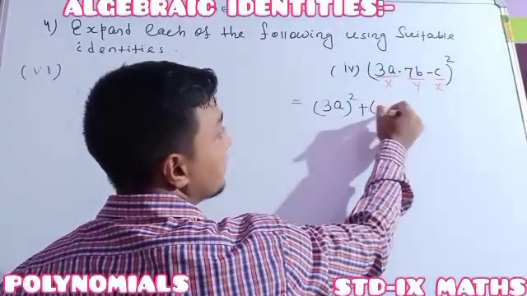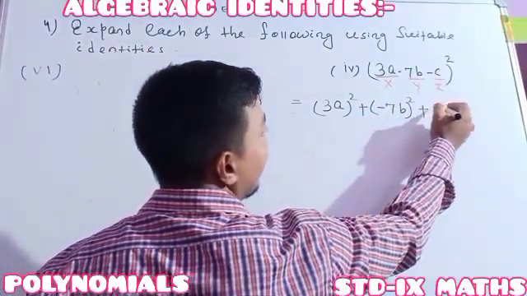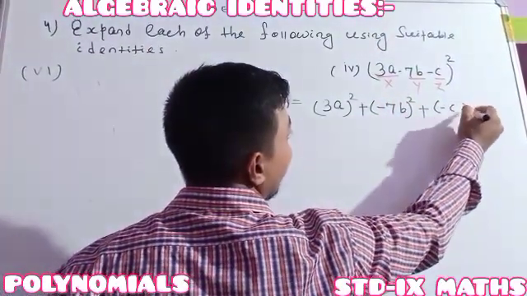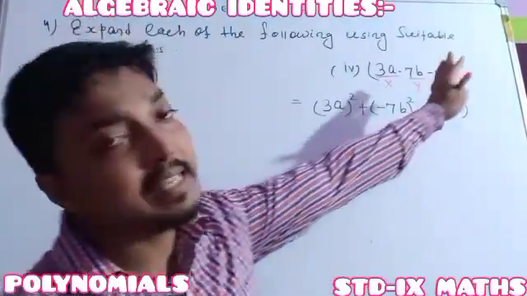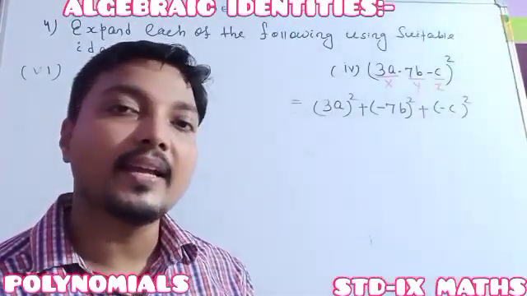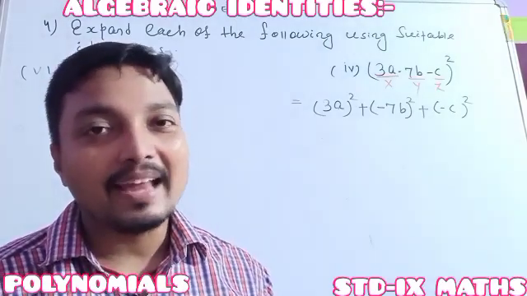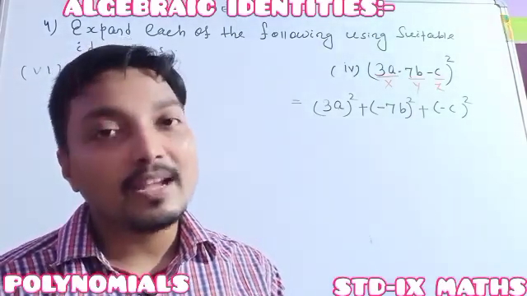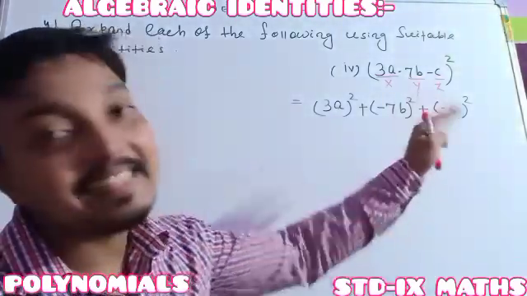Don't write plus 7b. Here it is minus 7b square and z it is minus c whole square. Ready? On the right side you should write according to x plus y plus z whole square, which is x square plus y square plus z square plus 2xy plus 2yz plus 2zx. Okay? On the right side you have to write.